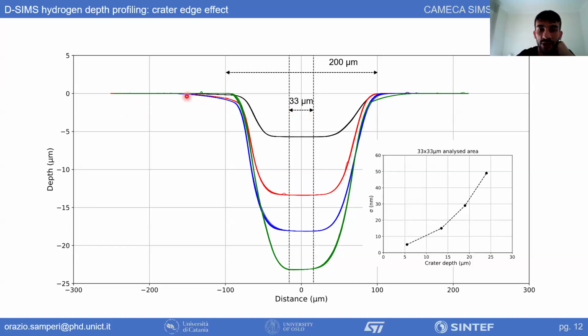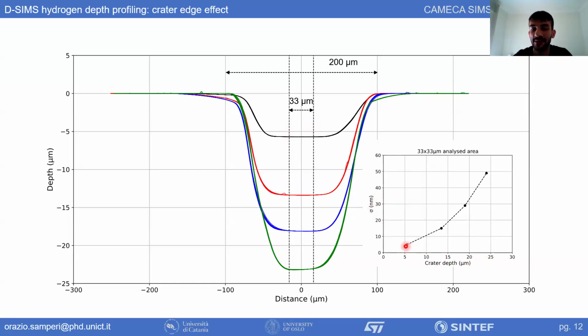Here, for example, I'm showing you some profilometry measurements. These are still my measurements. Here we have 4 different craters made in silicon, my samples, with different depths. In the inset, the ordinate is the standard deviation of the depth of the bottom, considering a little area of 33 times 33 micron square, plotted against the depth.